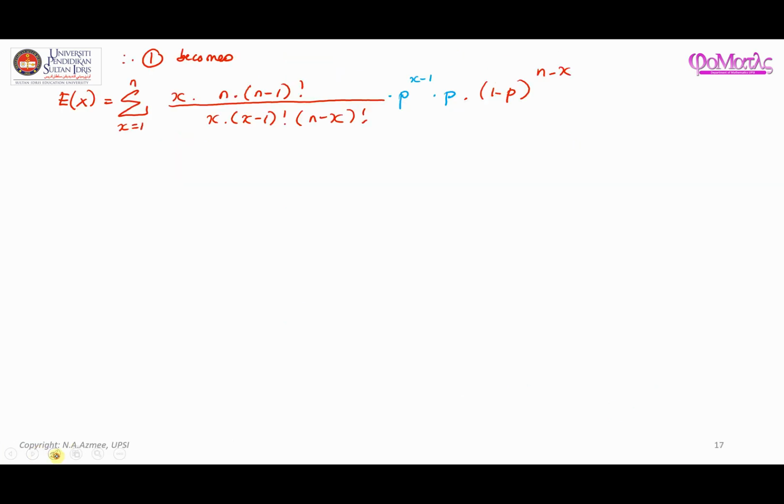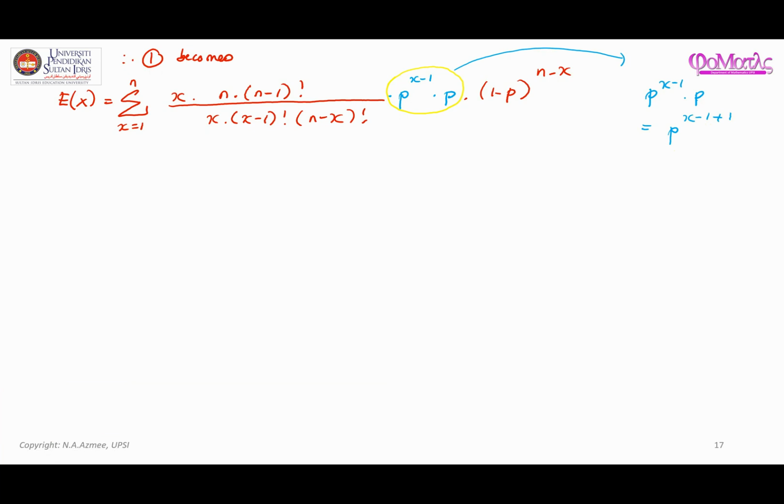Now what is going on right here? Well, we are not changing the original stuff, because if you have p to the x minus 1 times p, this is the same thing as having p to the power x minus 1 plus 1, by the law of exponents.